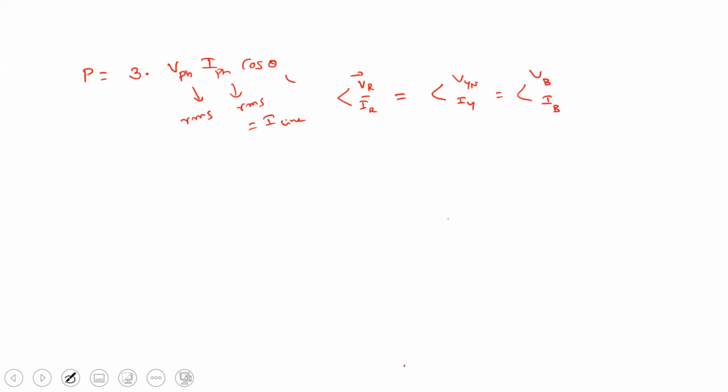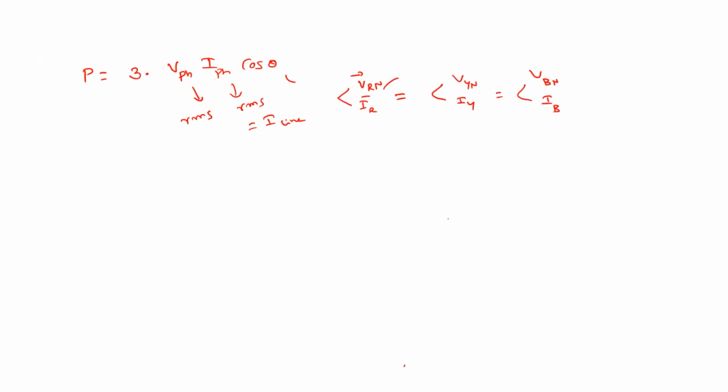In other words, Vrn and Ir. This is the angle difference between phase voltage and phase current of the respective phase.